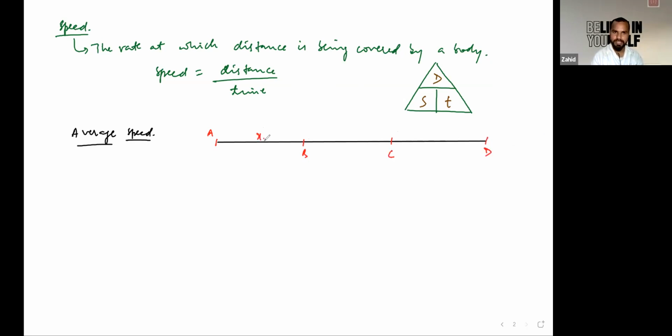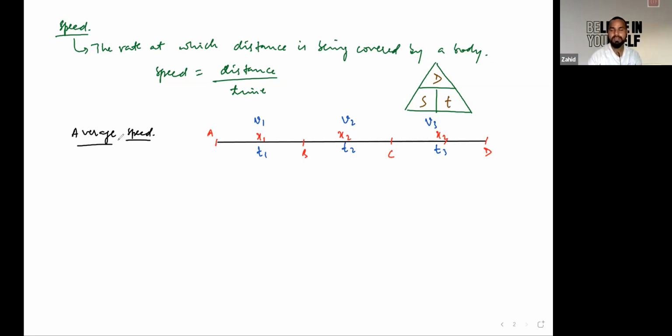So the distances from A to B, B to C, and C to D are x1, x2, x3. The times taken are t1, t2, t3. And the speed of the object for AB is v1, BC is v2, and CD is v3. I'm just considering the distance, speed, and time for each interval.